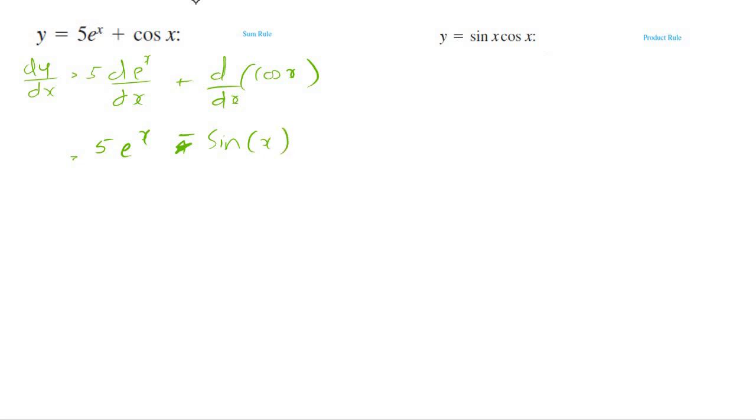And this is a product rule. So dy over dx, we use the product rule because this is one function and another function. So first we keep the sin x the same and multiply by the differentiation of cos x, and add cos x times the differentiation of sin x.